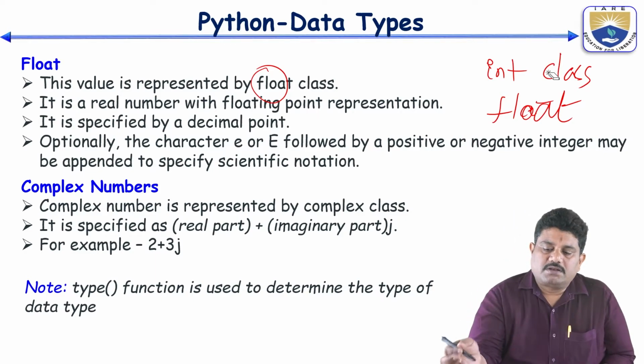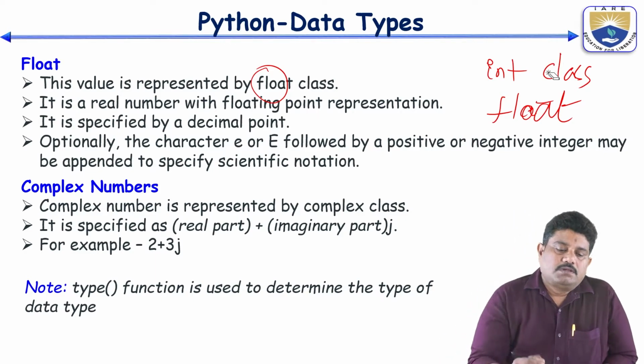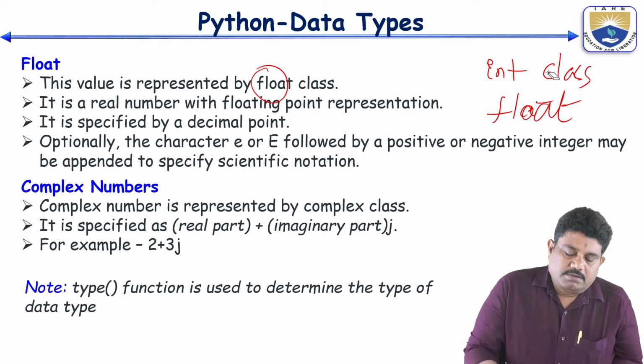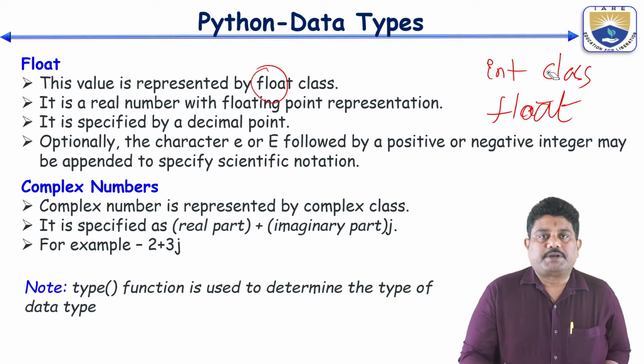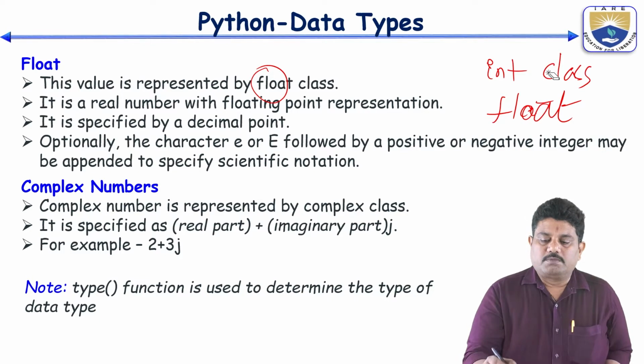So integer class and float class are types among the data types. A float is a real number with floating point representation. Generally, these floating point variables store real numbers, for example, a equal to 5.675.